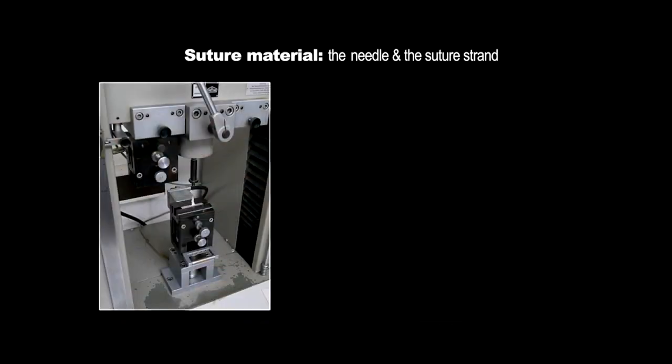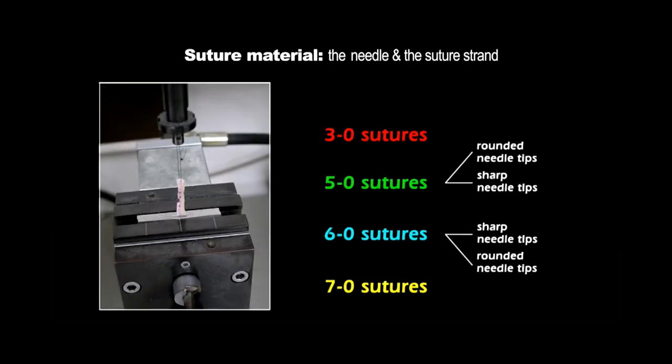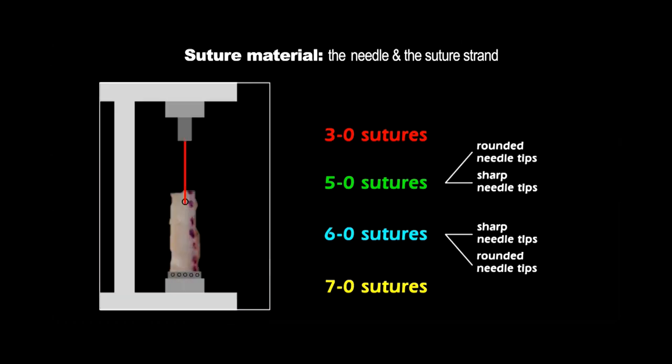Then we were attaching these grafts in an apparatus of a Swiss textile company with different diameters of sutures, 3/0, 5/0, 6/0 and 7/0. While in the 5 and 6/0 we also tried different needle configurations. The measurement arm was moving with a constant speed until something happened.